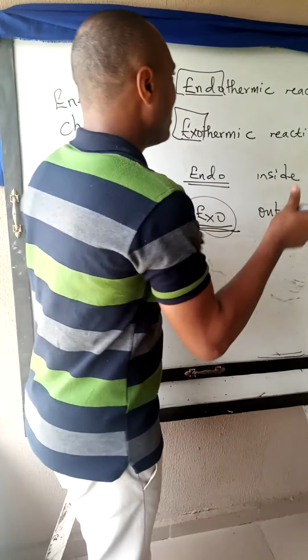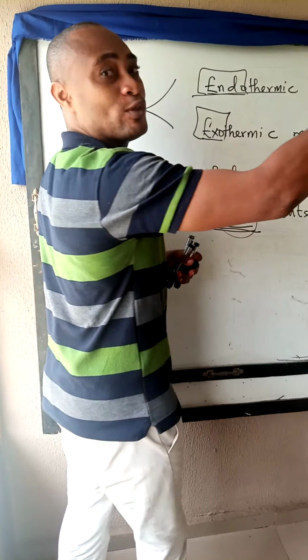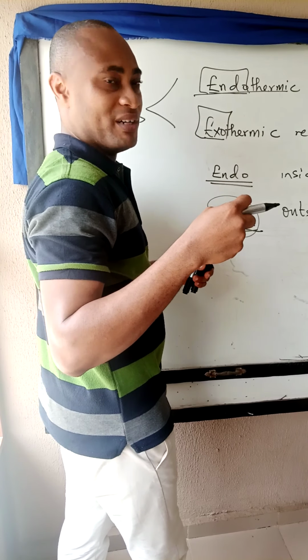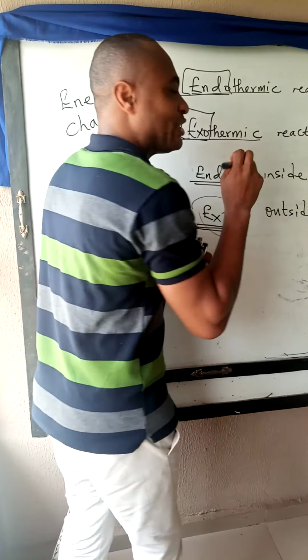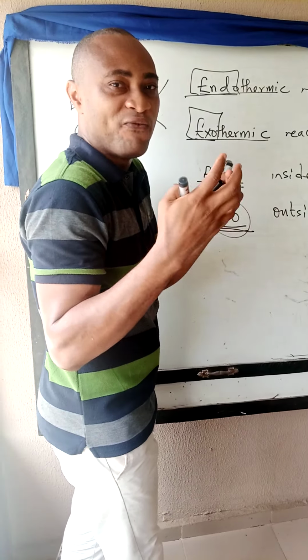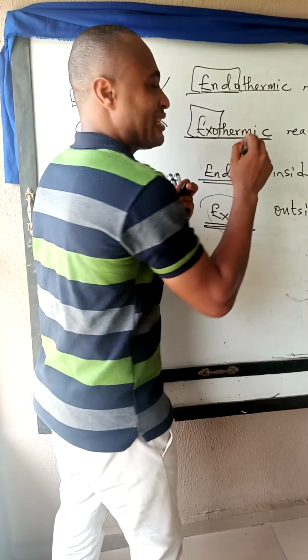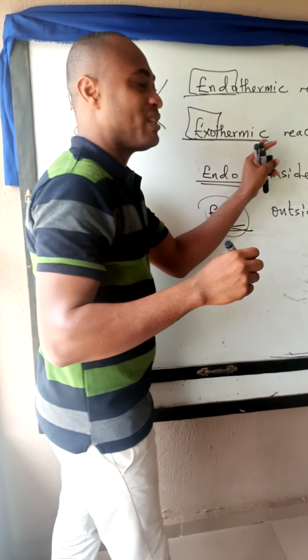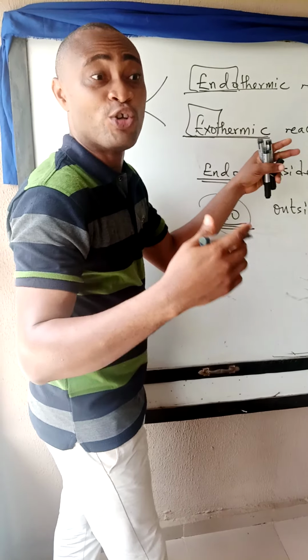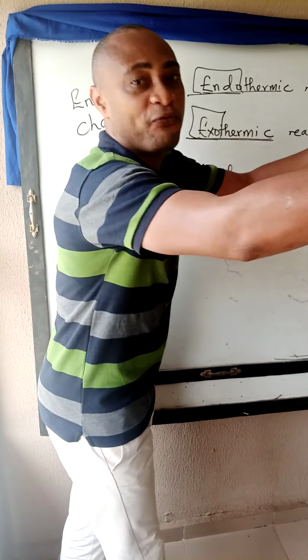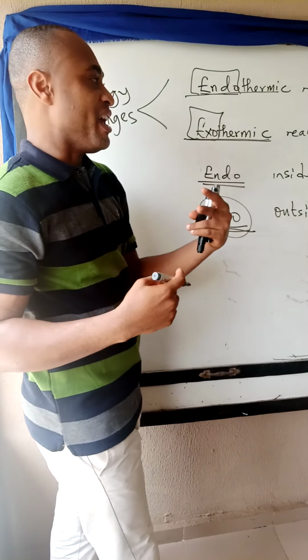That means heat has been absorbed from the surroundings. But if I carry out a reaction and the outer vessel becomes very hot, it shows that the reaction is exothermic, because an exothermic reaction is a reaction during which heat is given off or liberated to the environment.